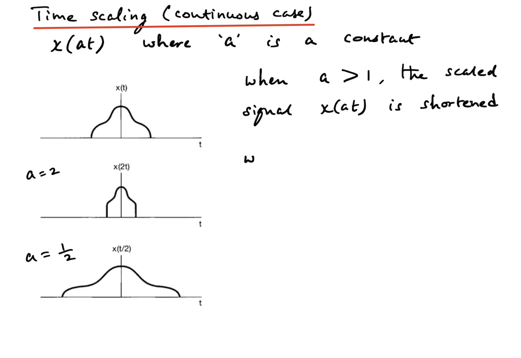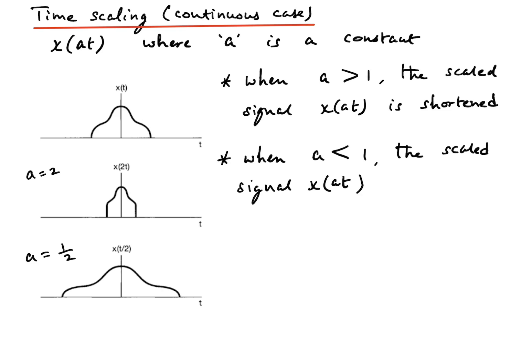And similarly, when the scaling factor a is less than 1, the scaled signal x of a t is elongated.